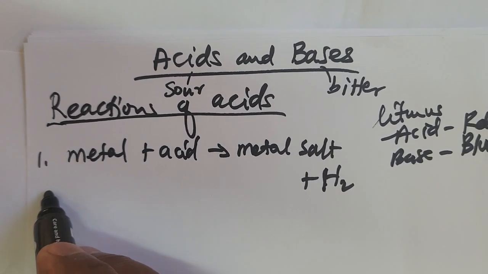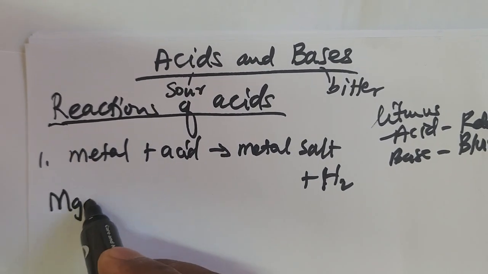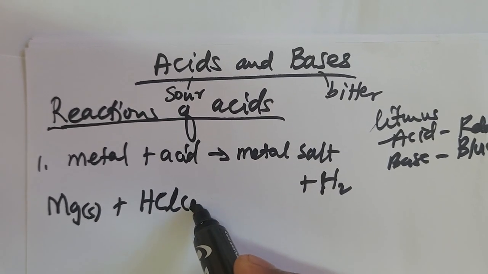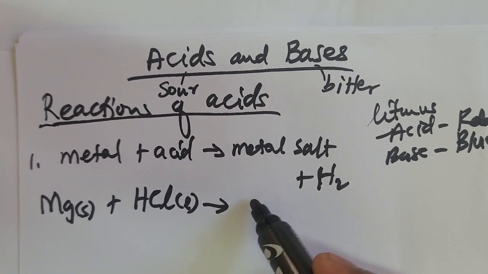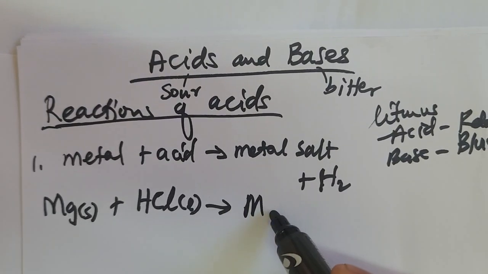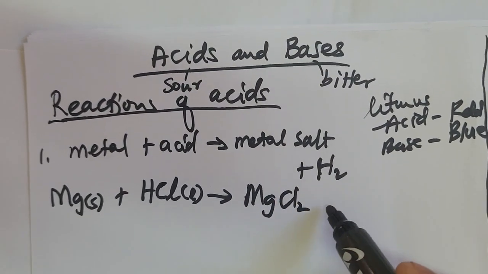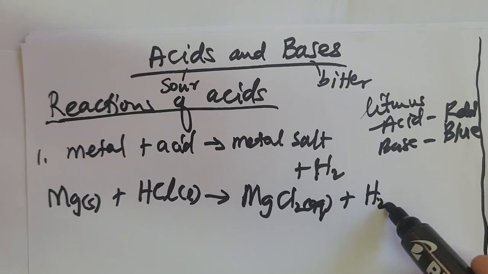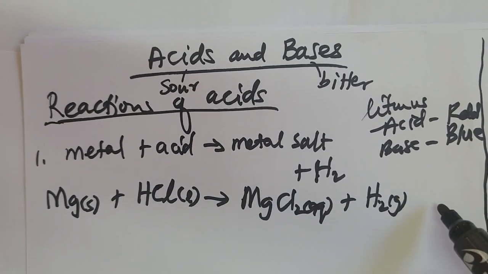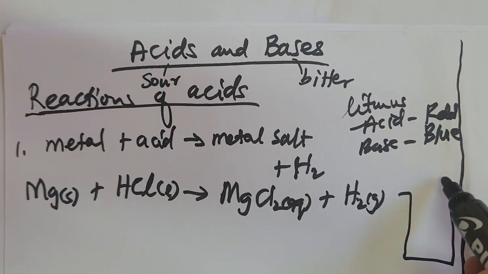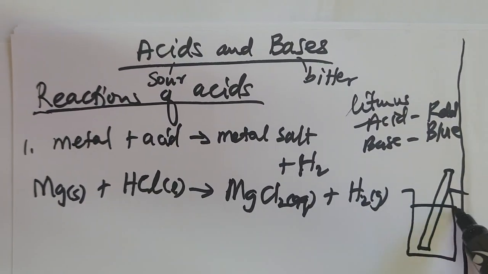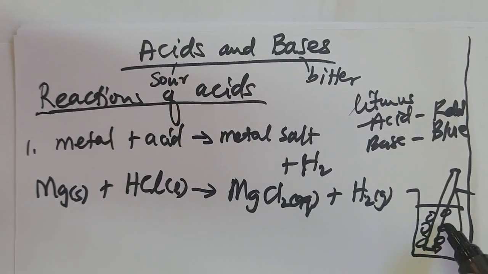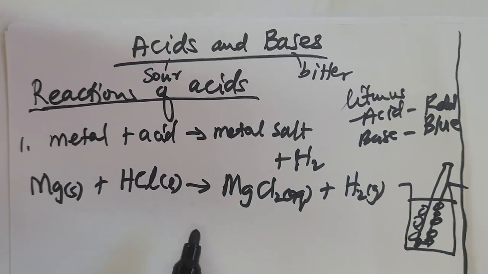For example, magnesium solid plus HCl, which is an aqueous solution, forms magnesium chloride solution plus hydrogen gas. If you just put a rod of magnesium in the HCl, you'll see bubbles around the rod. That is the formation of hydrogen gas.